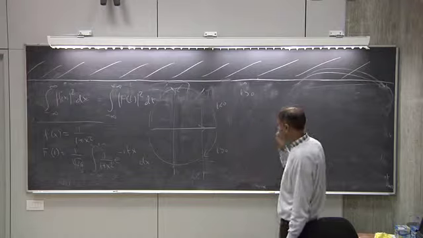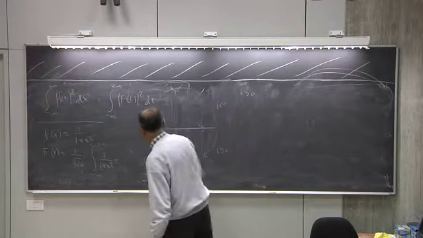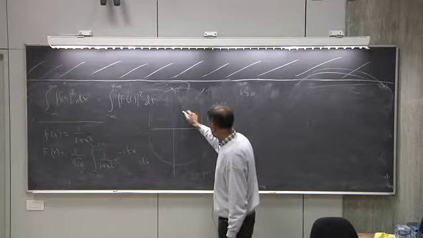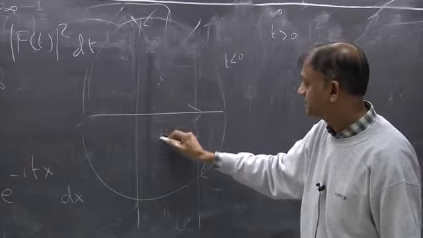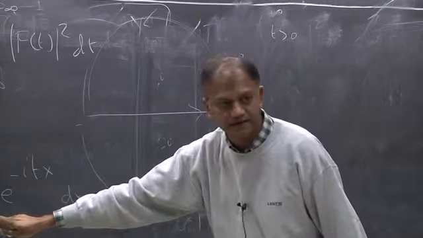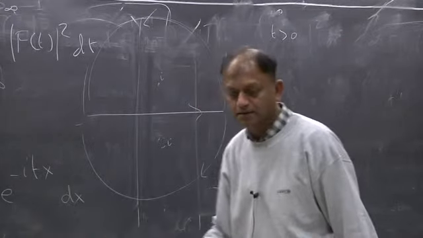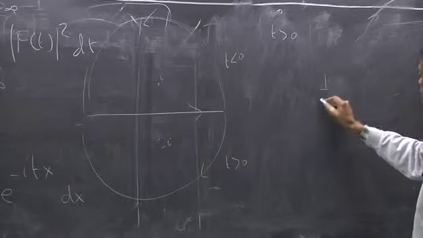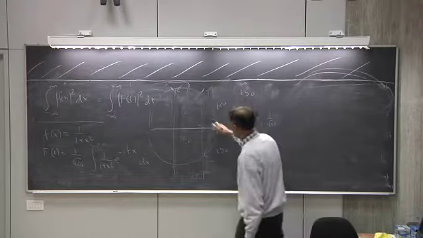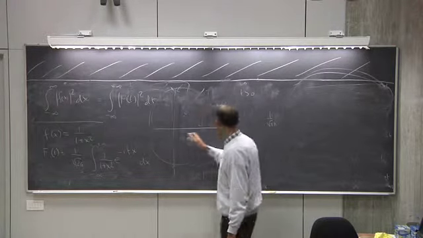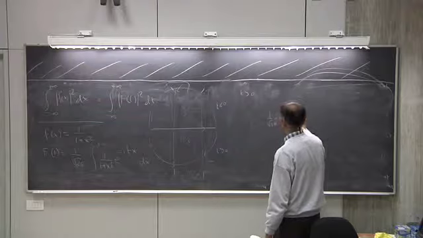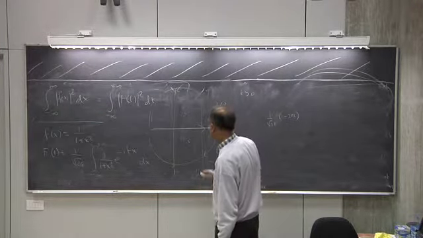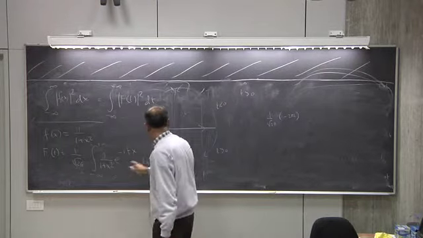In the first case, t greater than 0, you have this contour, and the poles are of course at plus i and minus i. If you replace x equal to plus i or x equal to minus i, that's the pole. So this integral gives you 1 over root 2 pi. Now here it's clockwise, so I have a minus 2 pi i times the residue at x equal to minus i.